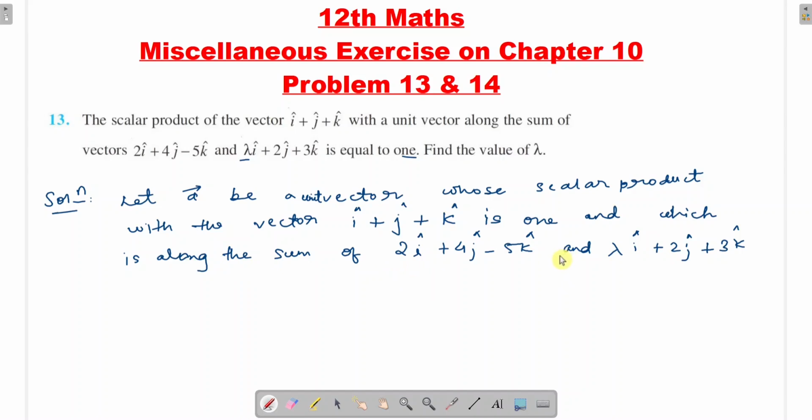First of all we will find the sum of these two vectors. Because a bar is along the sum of these two vectors, to find a bar we have to take the sum.